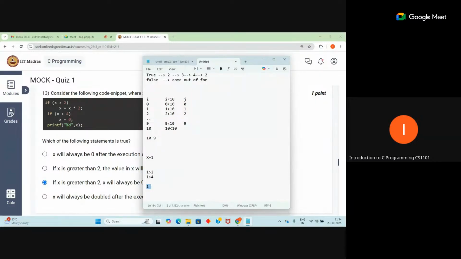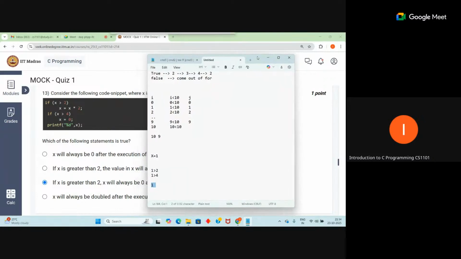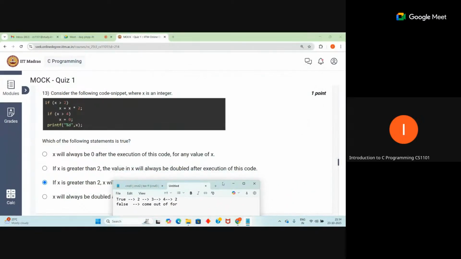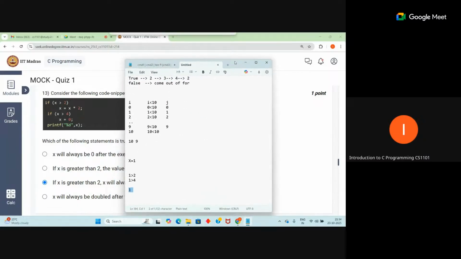Second statement: if x is greater than 2, the value of x will always be doubled after execution of this code. So let us check. The possible values in this case can be 3, which is less than 4, or 5, which is more than 4.